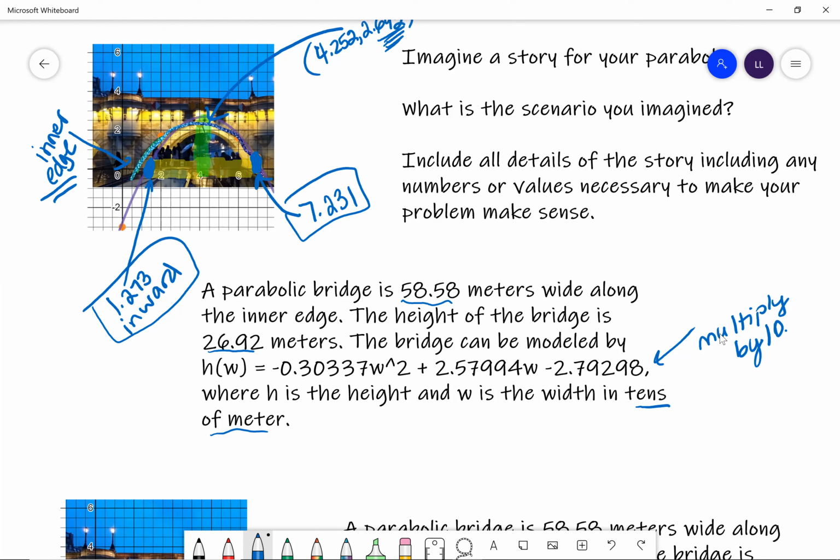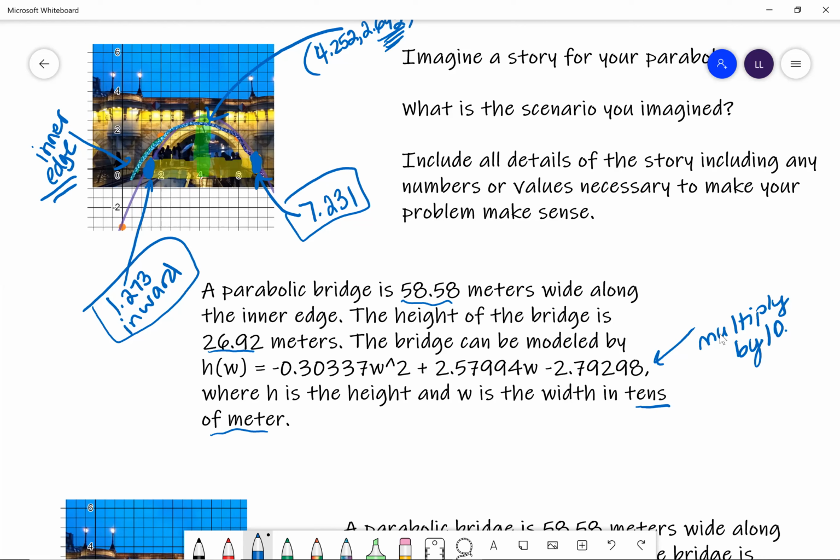That's what you saw me highlight here in the previous video. All right, and that makes sense because that is literally how wide the bridge is. If I went ahead and measured the distance from this x-intercept here to this x-intercept here, I would see how wide that bridge is, okay?